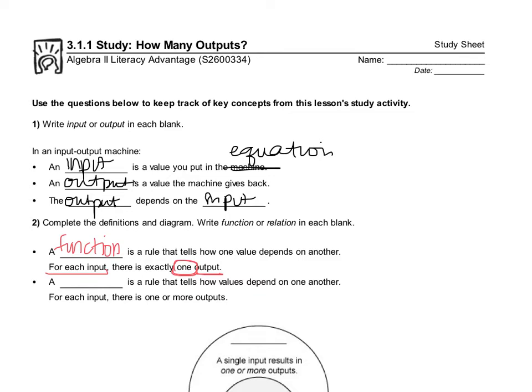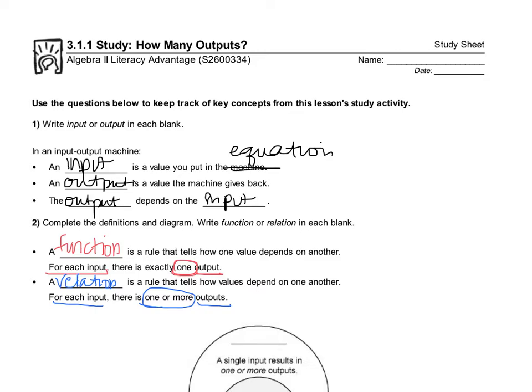But a relation is a rule that tells how values depend on one another. But for this one, for each input, there is one or more outputs. So you put one thing in and you can get a lot of things out. So for example, a name. Like if you have a name like Matthew.